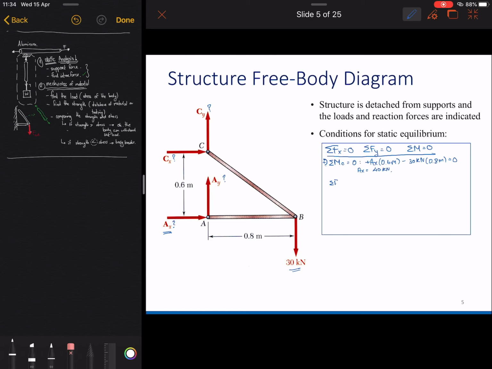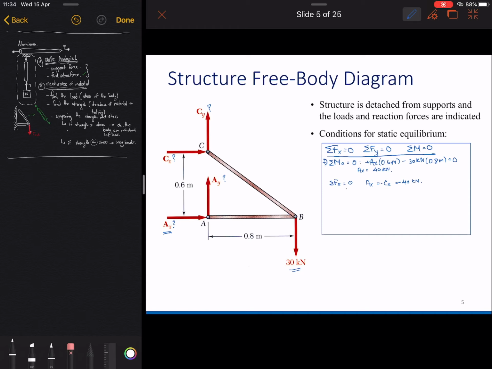You have sigma Fx equal to 0, and then you have Ax equal to Cx, which is 40 kilonewtons. Oops, no, this one is negative. Why?